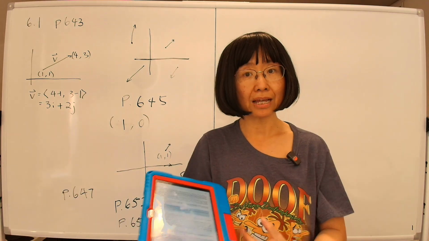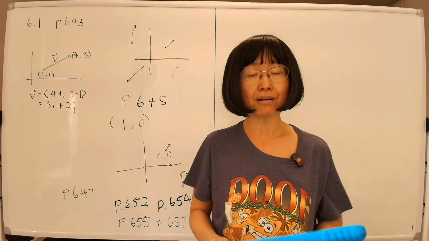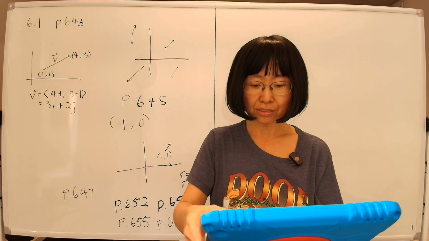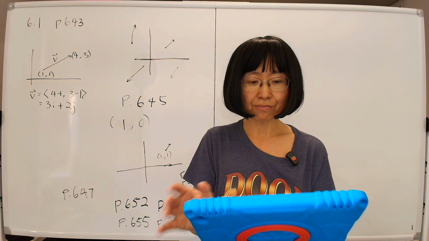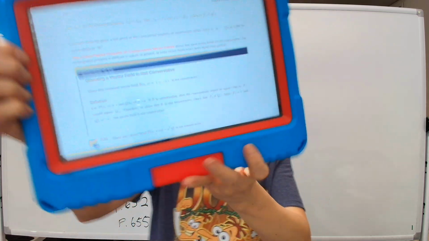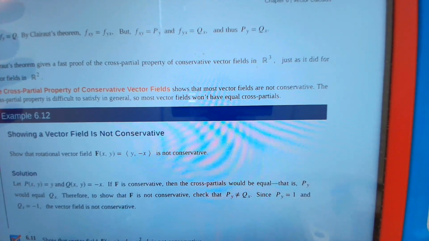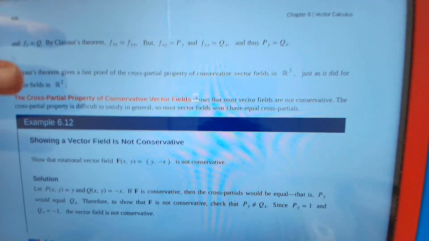Why? Because F is the gradient of something, and the proof of that uses the fact that the mixed derivatives of the small function are continuous. That's why I said that we're talking about the mixed derivative of the small function being continuous up here.